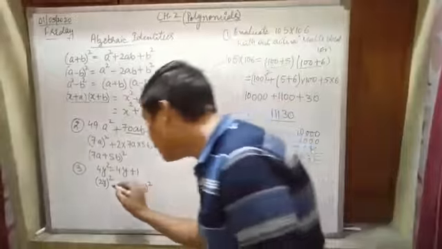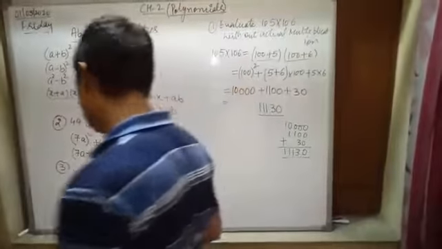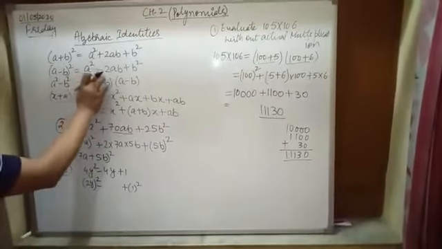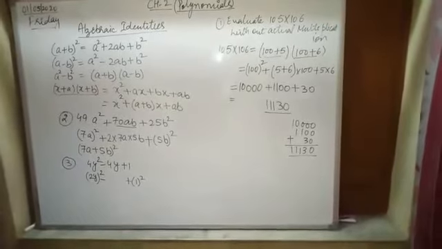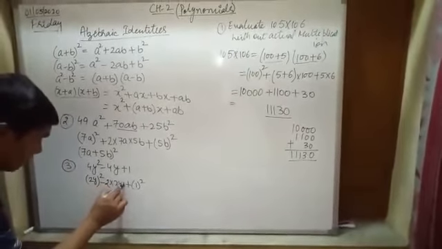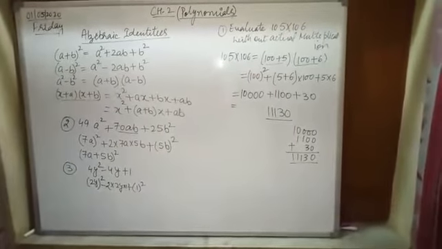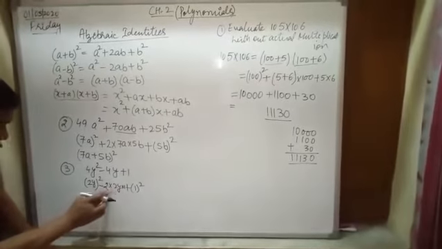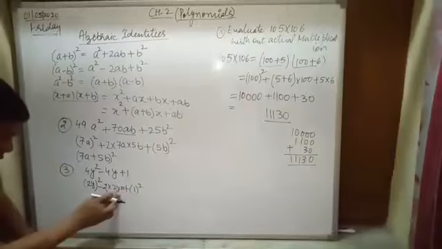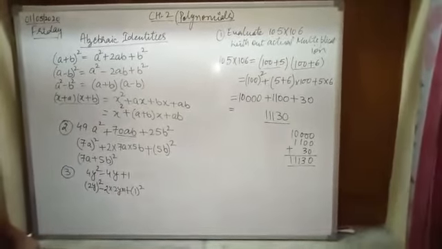And here this is a negative sign. It means the identity must be a square minus 2ab. 2a means 2y, b means 1. So if we check it, 2 twos are 4y. Here it is 4y, and the product of these terms is also equal to minus 4y.